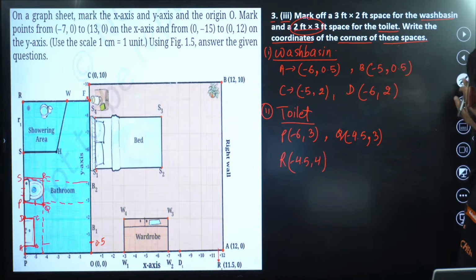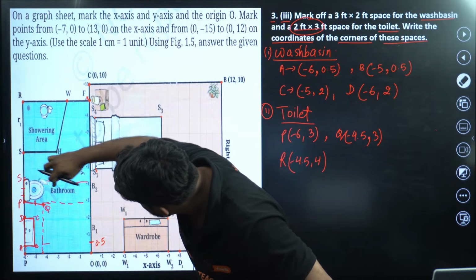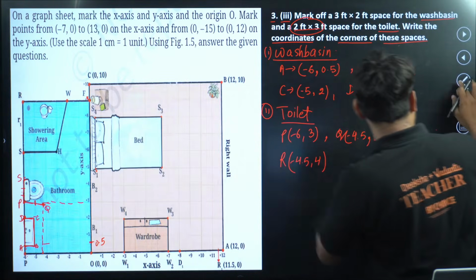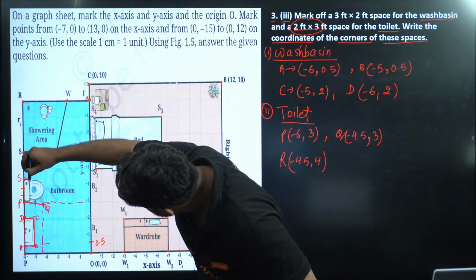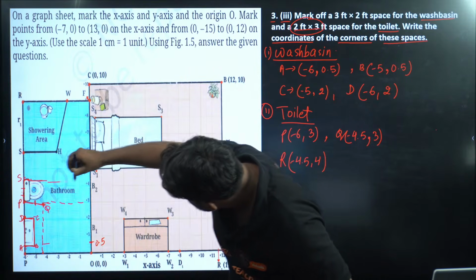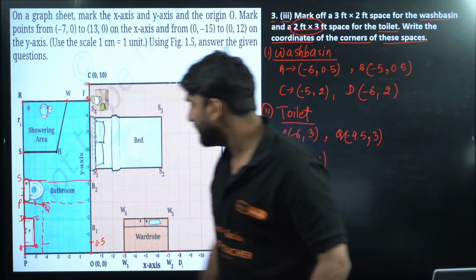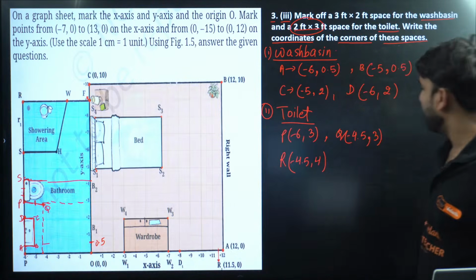If this is not clear to you all, let me show you clearly. This line should be very clear. Let me show you very clearly. So 4.5, and the y-axis will be 4.